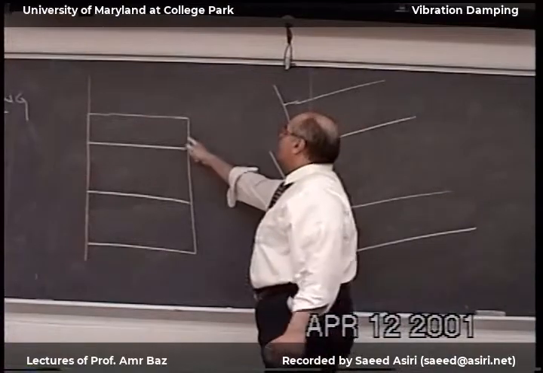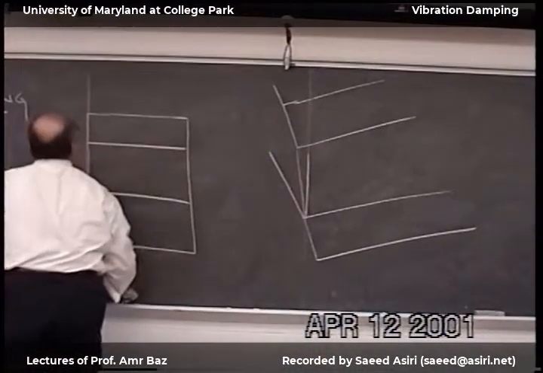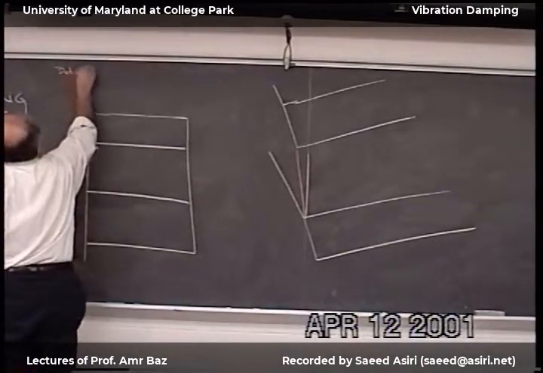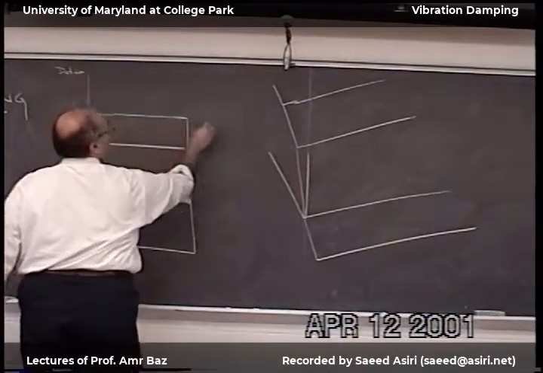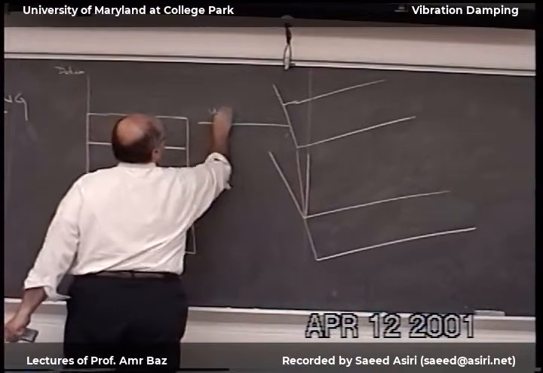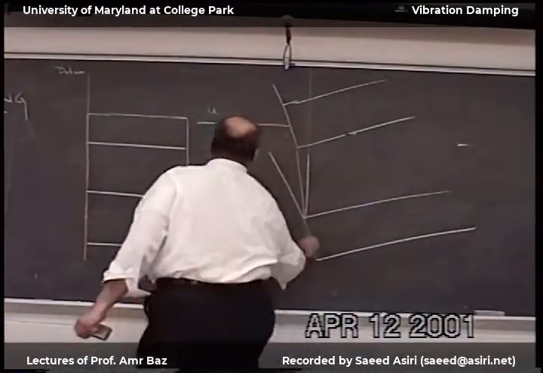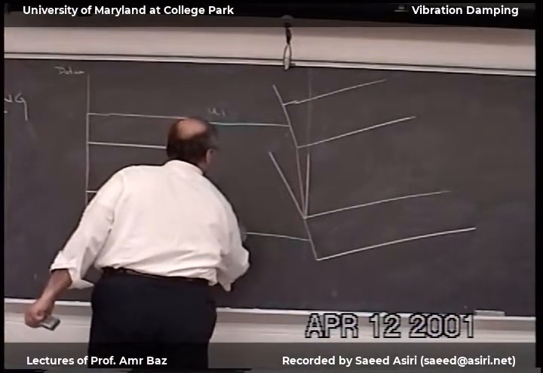So, for example, the top layer will move from some datum some distance U1. The bottom layer will move from the same datum another distance U3.